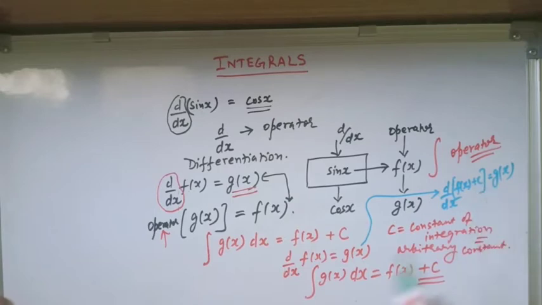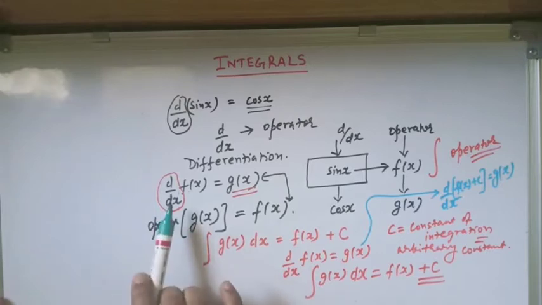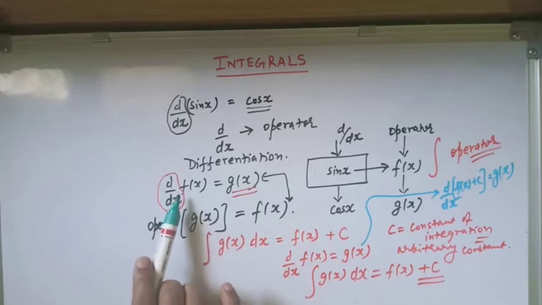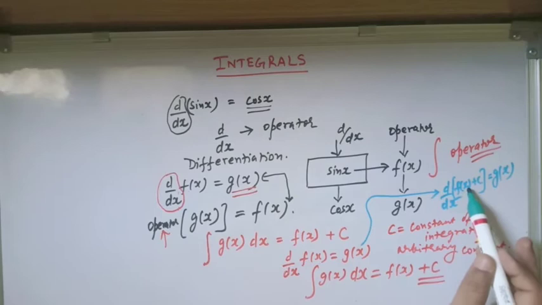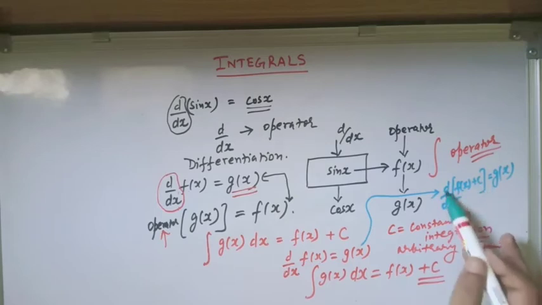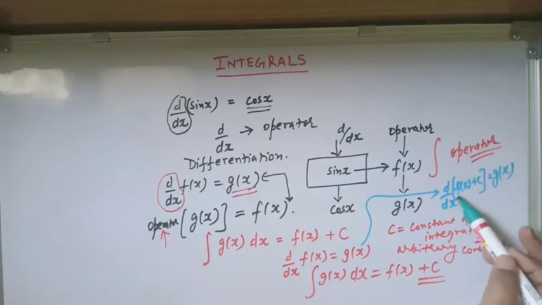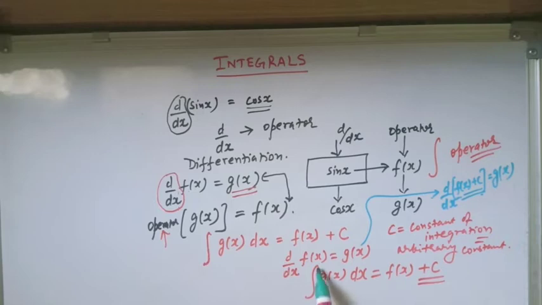So here we have now concluded that if we operate f of x plus c with d by dx, we get g of x, which is the derivative of this function. And if we integrate this function g of x with respect to x, we get this function f of x plus c.